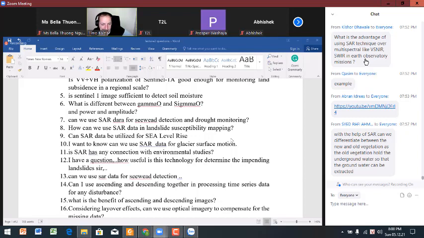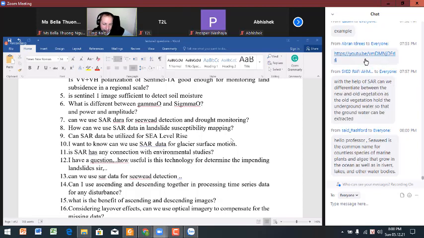Both are used, often a little bit more the amplitude based, which I will show hopefully tomorrow, because the ice is often moving a little bit too fast for SAR interferometry. But it's very well used to use the amplitude to monitor that.